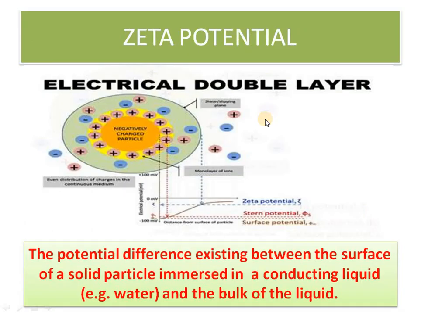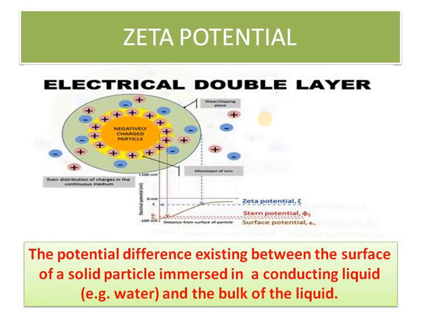One more term is the zeta potential. One more question that can be asked is the definition: the potential difference existing between the surface of a solid particle immersed in a conducting liquid and the bulk of the liquid.